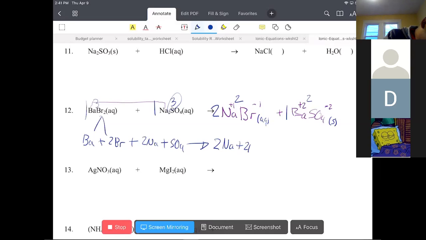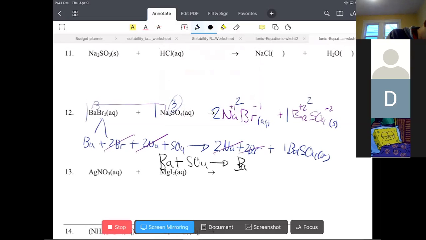So Na plus 2 Br plus 1 BaSO4 as a solid. Then we're going to cancel them out. The Na gets canceled. The Br gets canceled. Then we bring everything down. The final answer, Ba plus SO4, goes to barium sulfate.